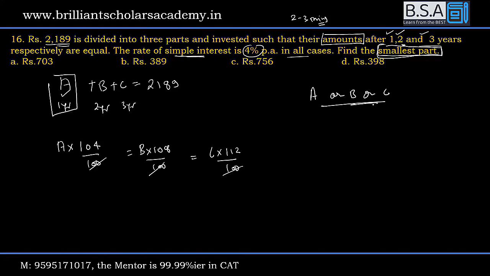You're trying to find the smallest part. Which of these will be the smallest part? A, B, or C?